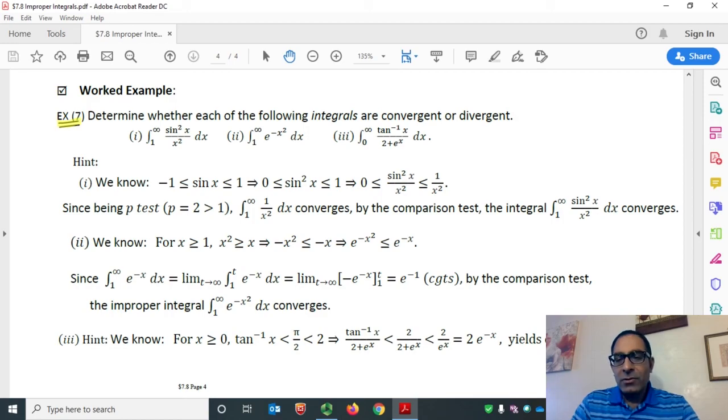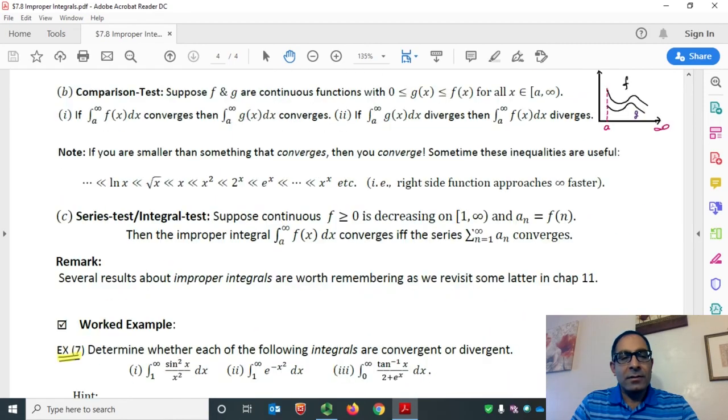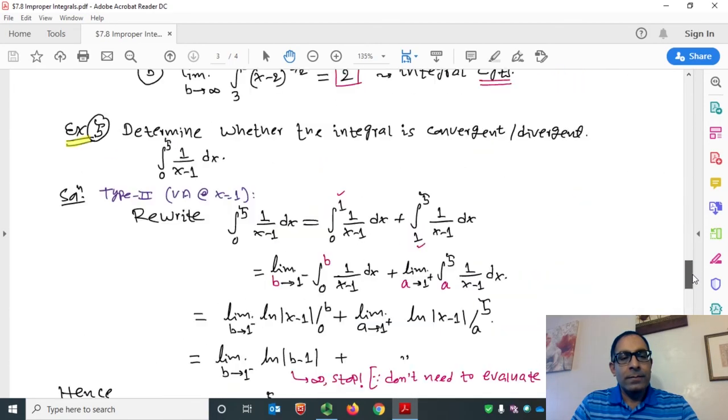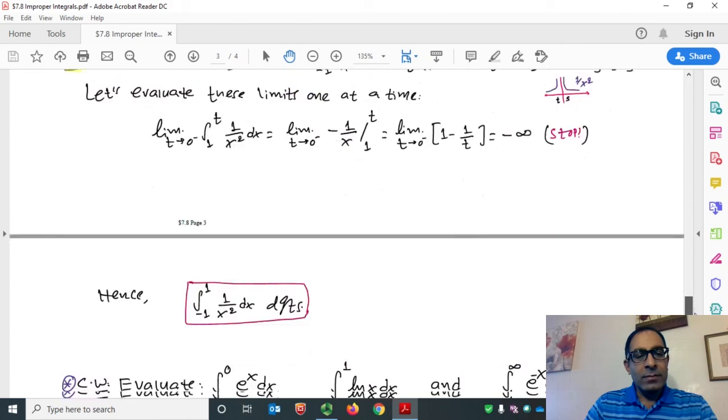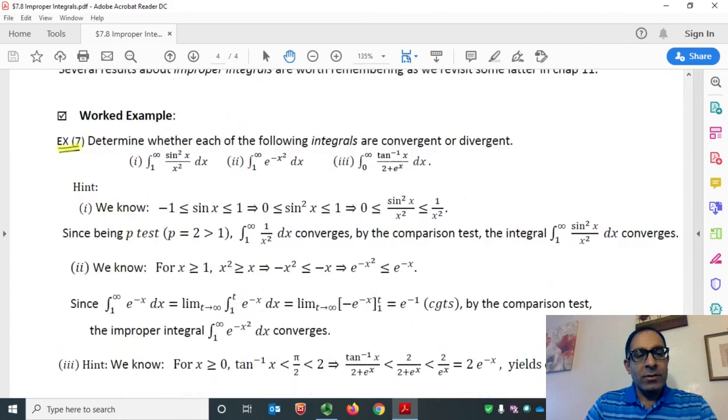So let me take you to the p-test here. The improper integral of 1 over x to the p from 1 to infinity converges if p is bigger than 1 and diverges if p is less than or equal to 1. So now in our example, let me scroll down again.